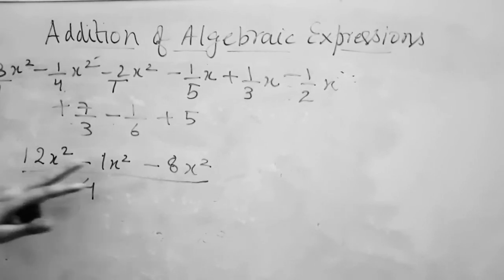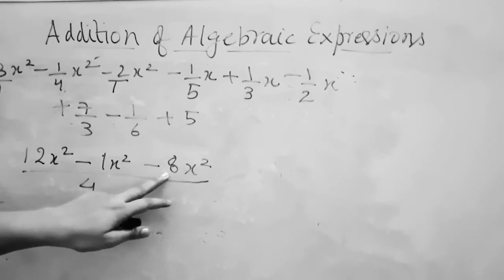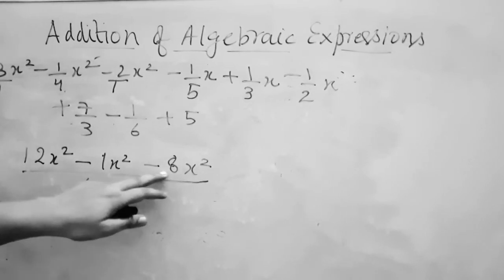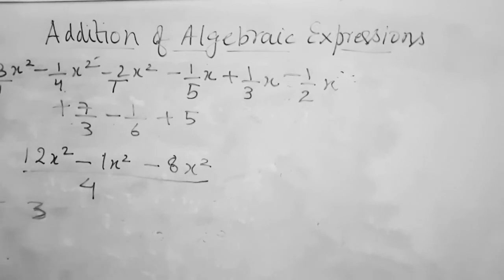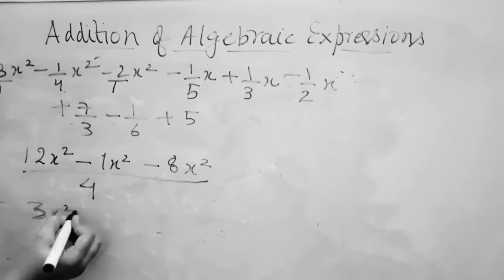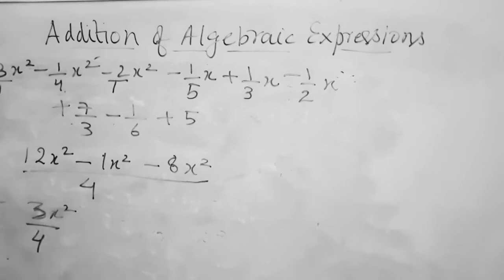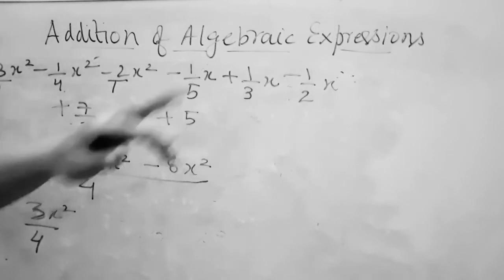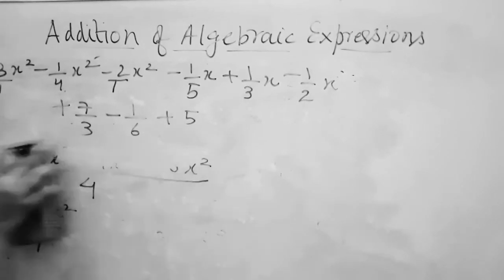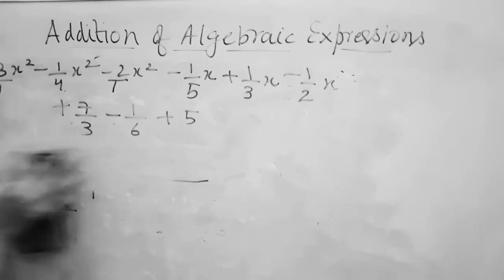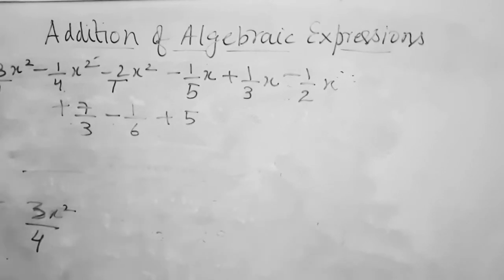Now 11x square minus 8x square. It will be 3x square. क्या होगा आपका यहाँ पे? 3x square upon 4. So we have solved this part. Now we have to solve that part. Now let me rub this. Okay. I will solve one by one so that you understand well.